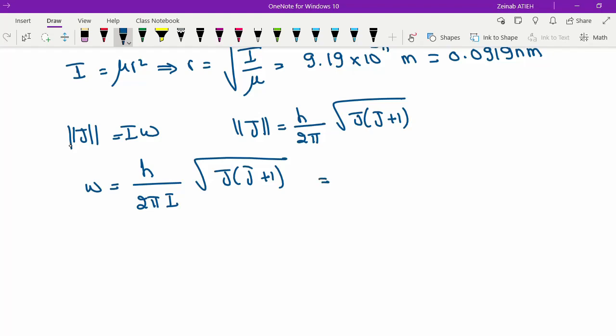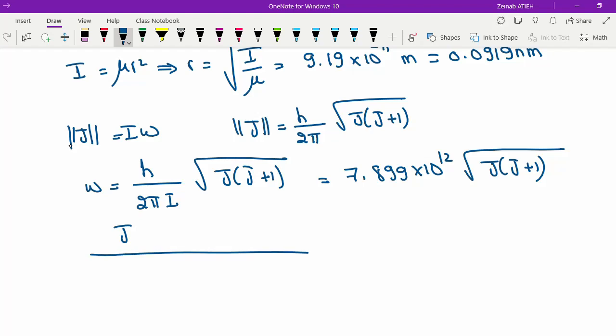So h over 2 pi I is equal to 7.899 times 10 to the power 12 radical j plus 1. So all we have to do is just multiply by the values of j. So this is a table for omega, in radians per second or in seconds minus 1.